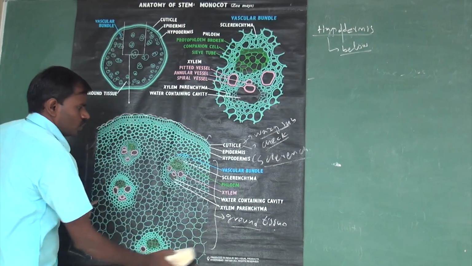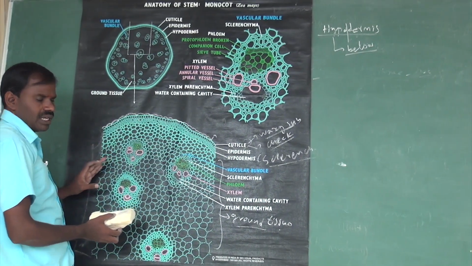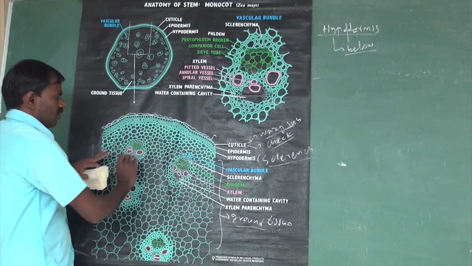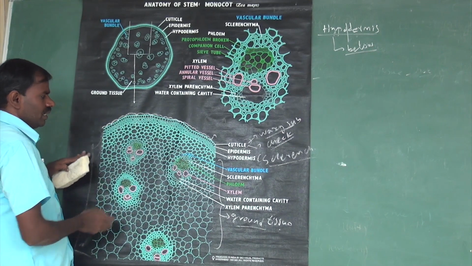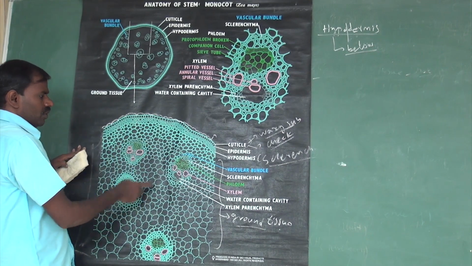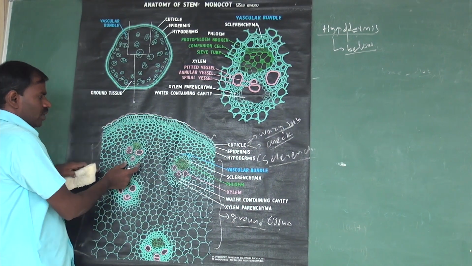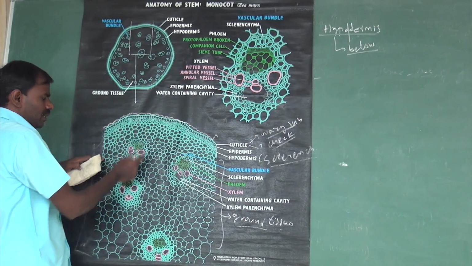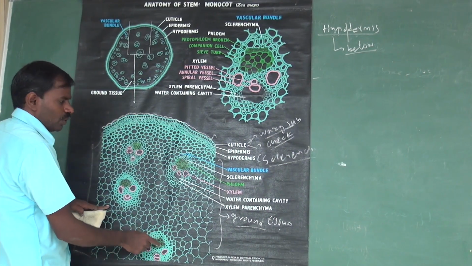It is not distinguished into cortex, endodermis, pericycle and vascular bundle. The vascular bundles are scattered in the ground tissue. Smaller vascular bundles are present near the hypodermis, and larger vascular bundles are present in the center of the ground tissue.